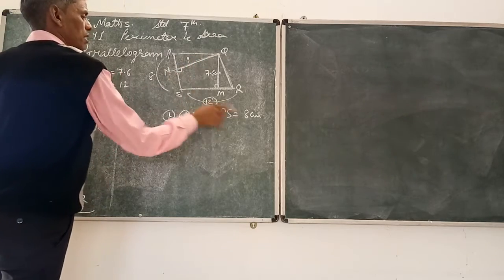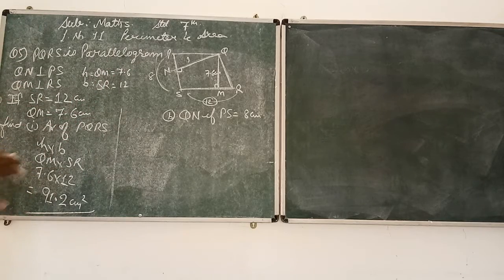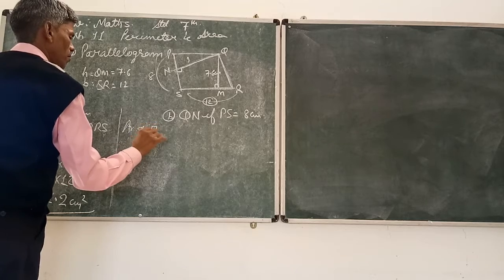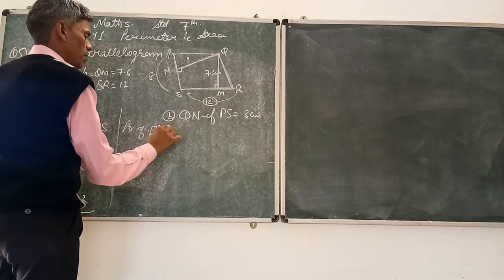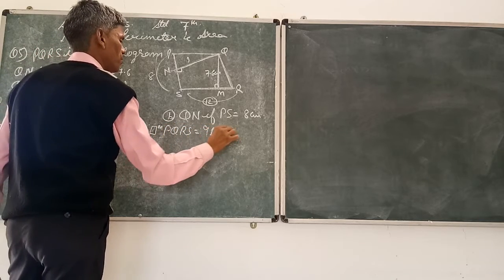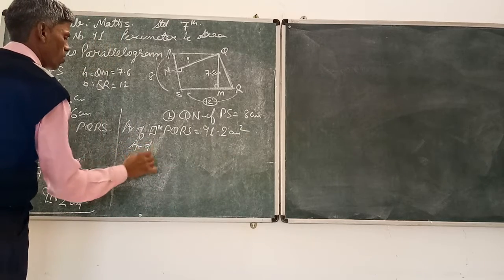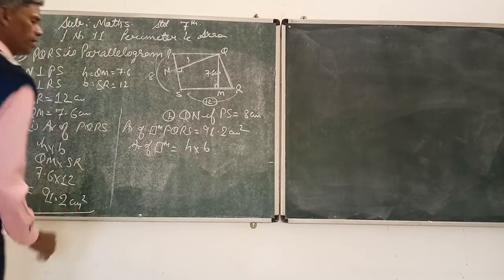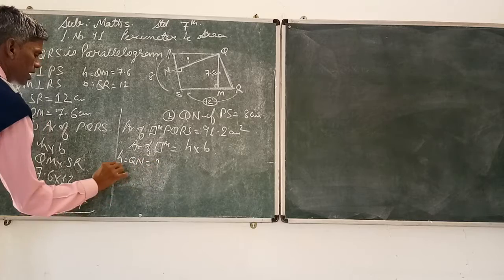Now we have to find QN. PS is 8, and because it is the same parallelogram, its area is the area of parallelogram PQRS, 91.2 centimeter square. This is the symbol of parallelogram. So area of parallelogram is H into B. Here H is QN, that we have to find.